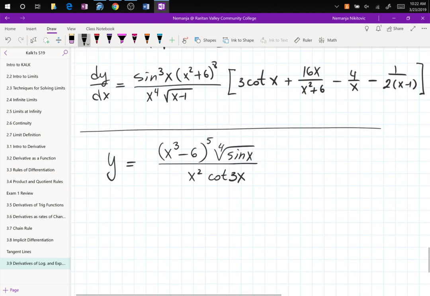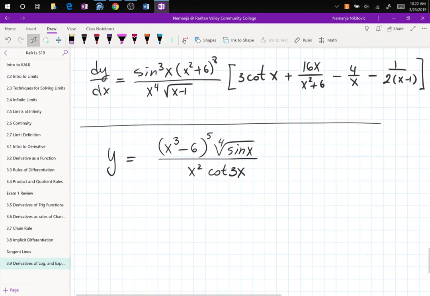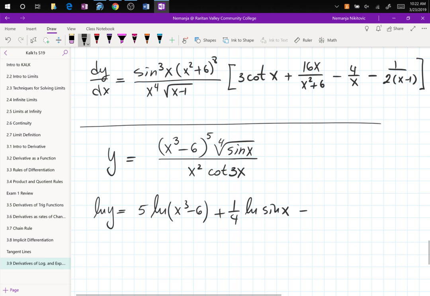Okay, good. So we expand this, so ln y is equal to 5 ln of x cubed minus 6 plus 1/4 ln of sine x minus 2 ln x minus ln of cotangent 3x.